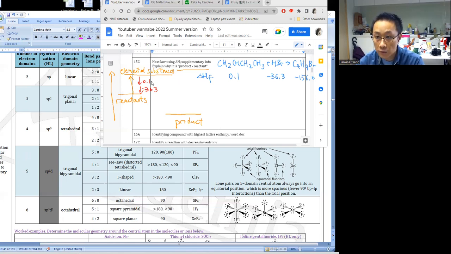So for our current process, let's get rid of those. We have to do negative 0.1 plus the negative of negative 36.3. So negative 0.1, double minus.